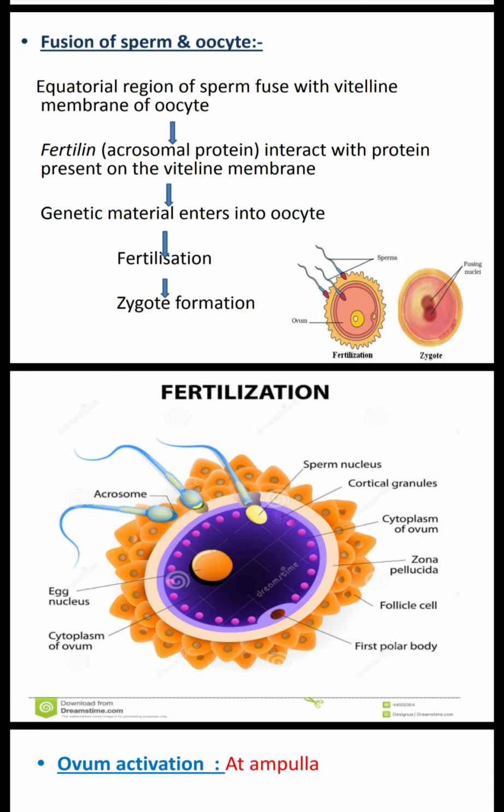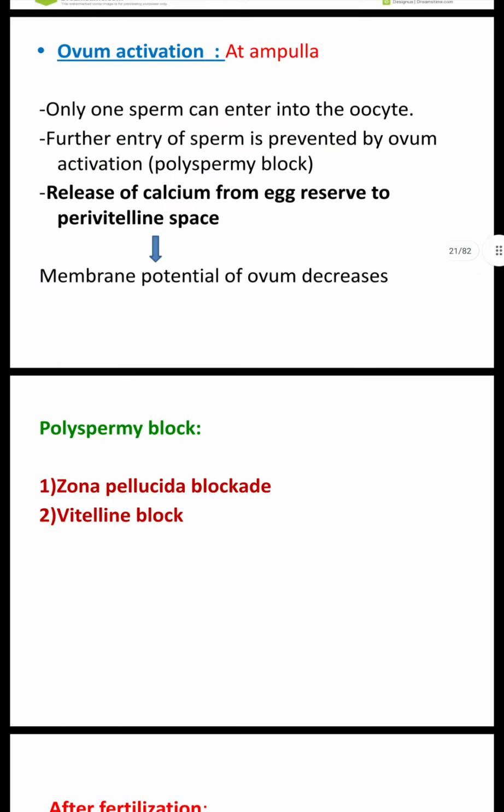The equatorial region of the sperm will fuse with the vitelline membrane of the oocyte. Fertilin, an acrosomal protein, will interact with the protein present on the vitelline membrane, and the genetic material will enter the oocyte. This leads to fertilization and zygote formation.